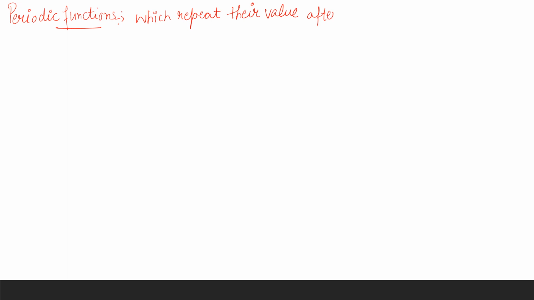Now you should have some knowledge about periodic functions and even and odd functions. What are periodic functions? Periodic functions are those functions which repeat their value after a period of time.